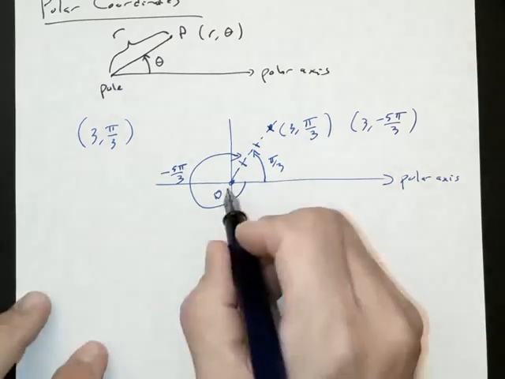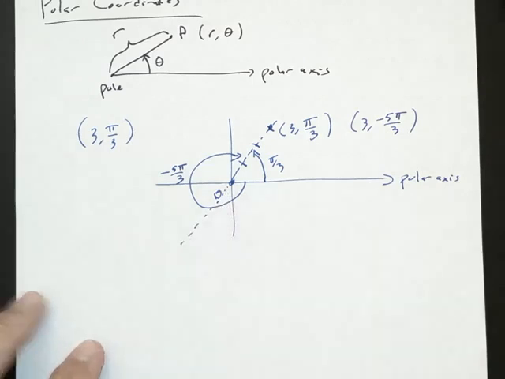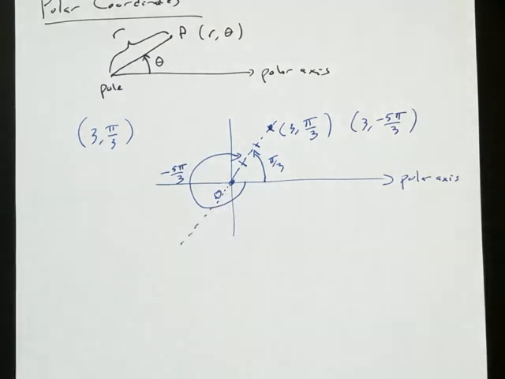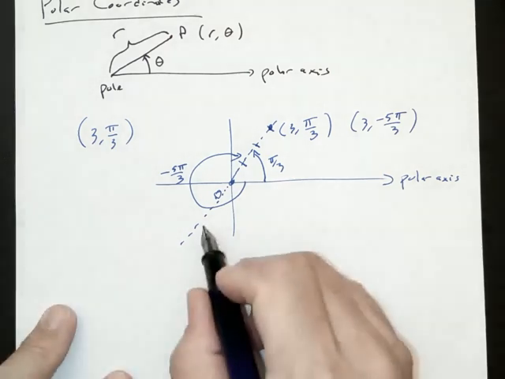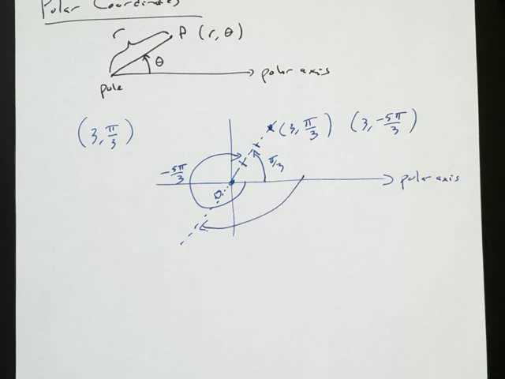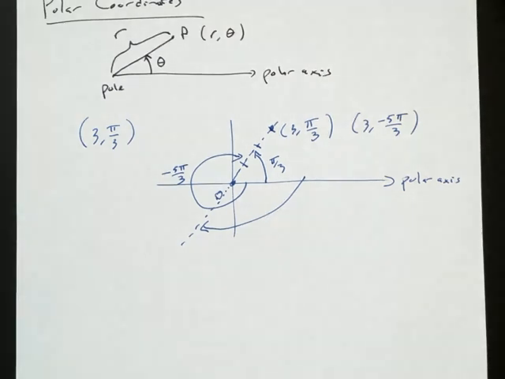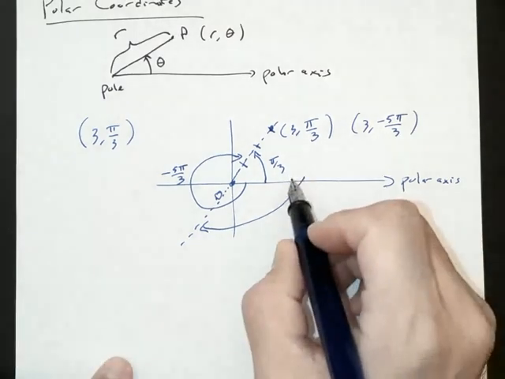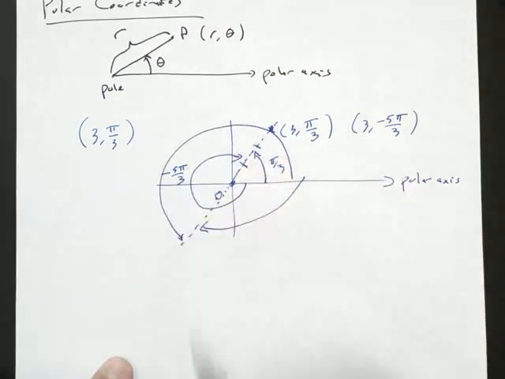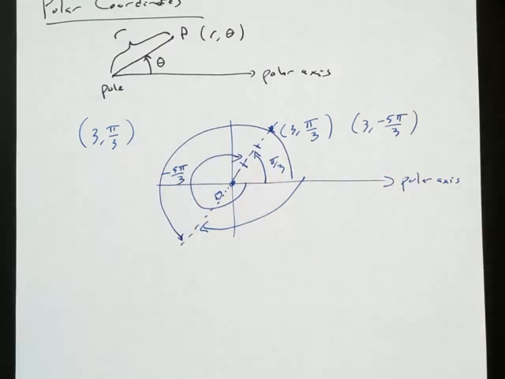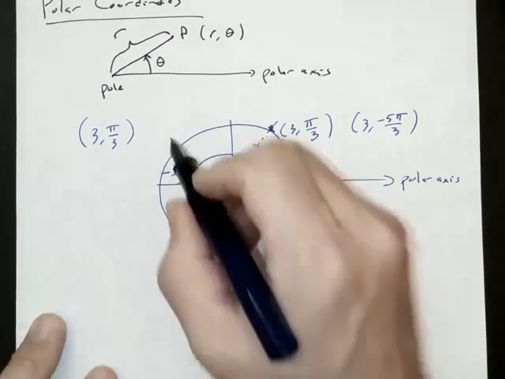As a matter of fact, let's extend the ray down into the third quadrant. What angle takes me here? Close, but no. 4 pi over 3 goes this way, because that's a positive angle. And the angle I drew is negative. But it's coterminal with 4 pi over 3.